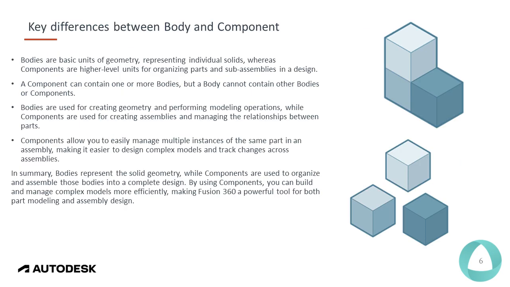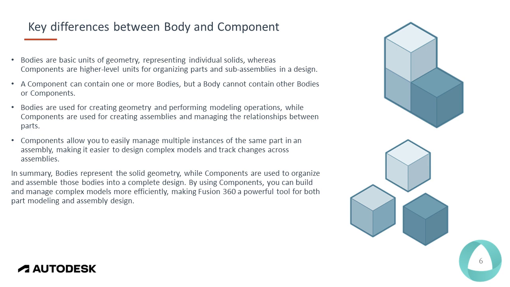The key differences between bodies and components. Bodies are basic units of geometry representing individual solids, whereas components are higher level units of organizing parts and sub-assemblies in a design. A component can contain one or more bodies, but a body cannot contain other bodies or components.